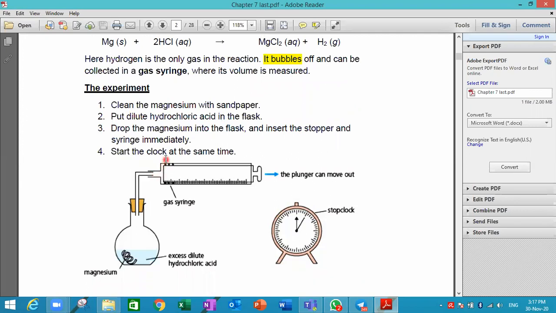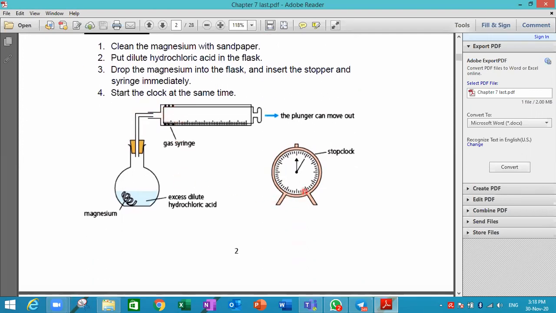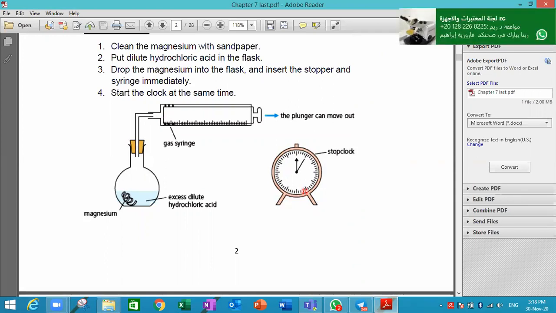The gas syringe at the beginning was at zero volume, but when the gas comes out here, it pushes the plunger of the gas syringe backward so that the gas fills this space. In this way, we can calculate the volume of the gas per unit time, per 30 seconds or per 2 minutes or whatever.